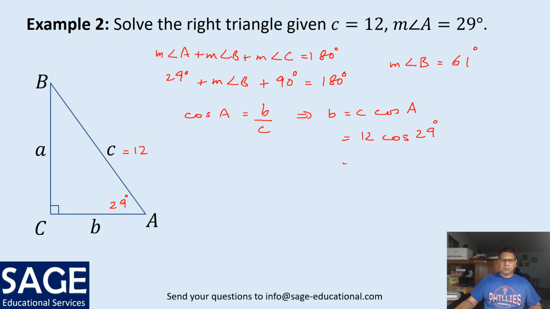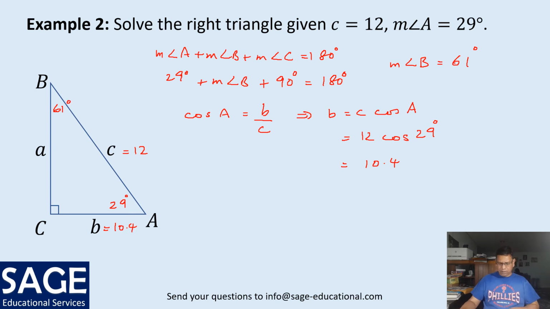So B is equal to 12 times cosine of 29 degrees, and that would come out to be equal to 10.4. So we know that B is equal to 10.4 and the angle B is equal to 61 degrees.